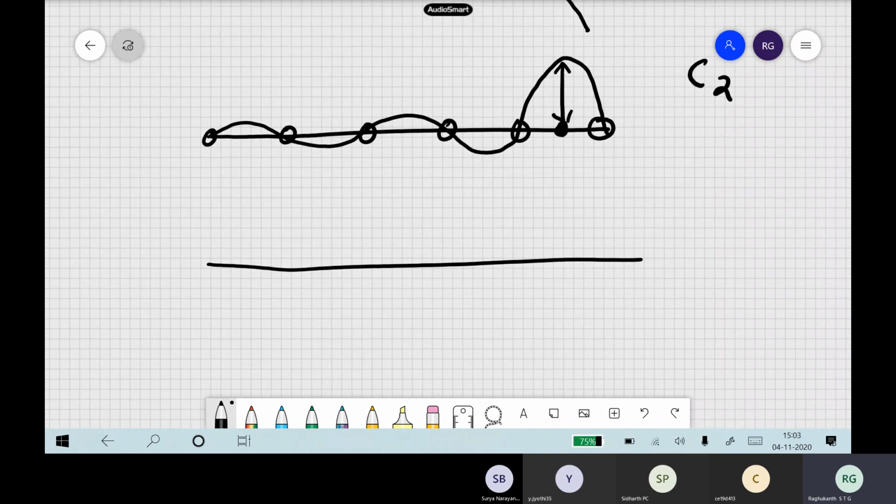Suppose these are the functional values or collocation points. If I take my grid points and plot my third cardinal function, it will be something like this.